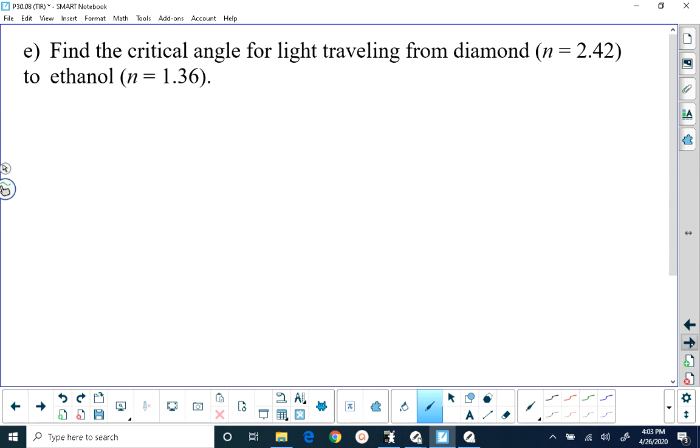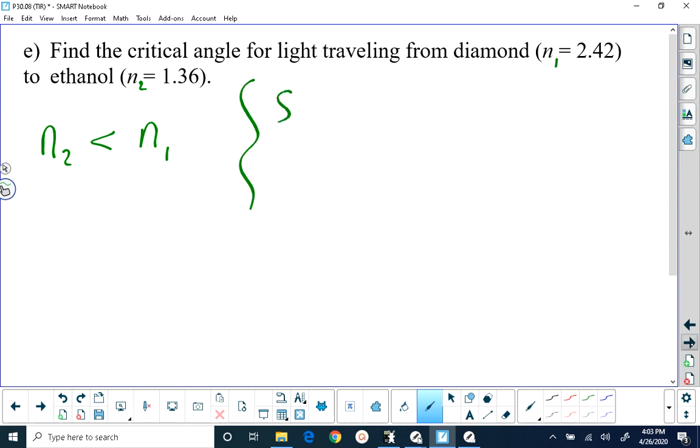Because you know that the idea of a critical angle is connected to total internal reflection, and you know that for total internal reflection, the second medium must be less dense. That tells you that this is N1 and the ethanol is N2. You should be able to figure that out.